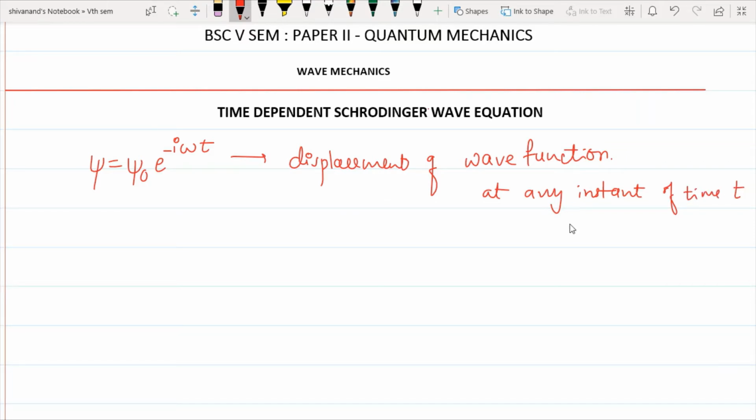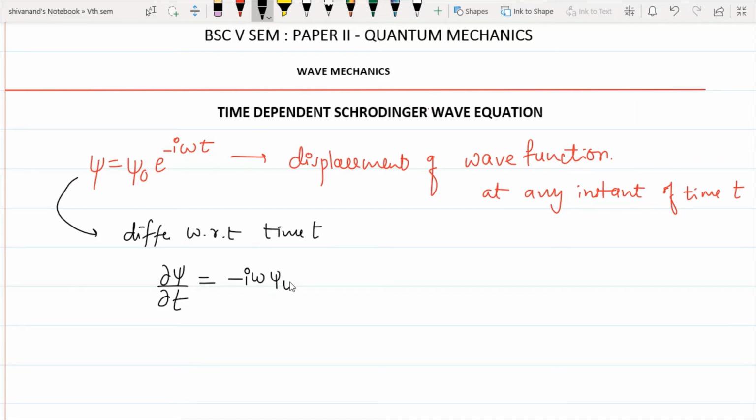So if you differentiate this equation with respect to time t, what we get is dou psi by dou t is equal to minus i omega psi naught e power minus i omega t.